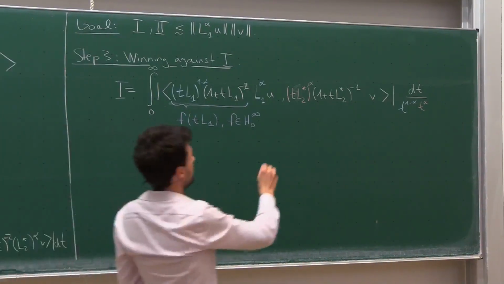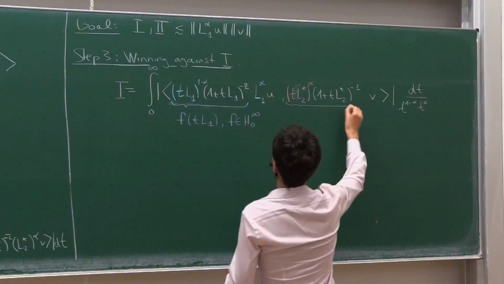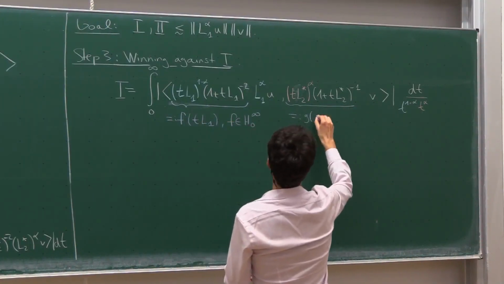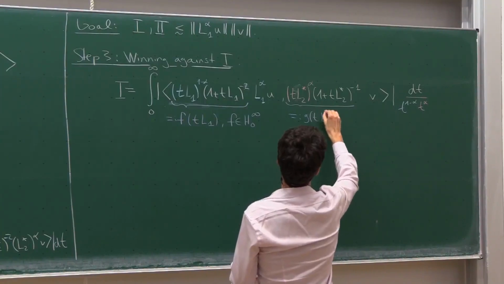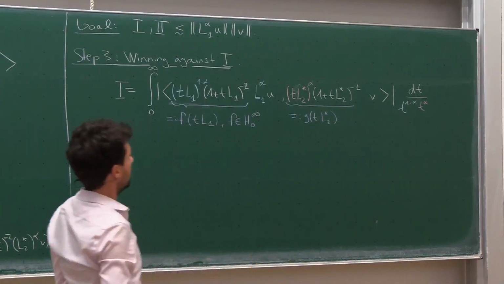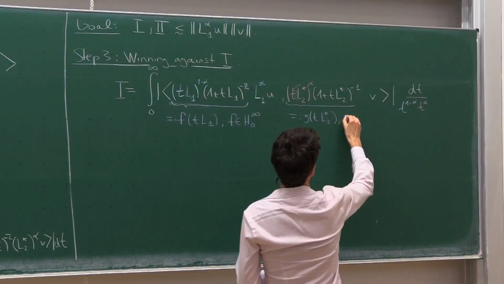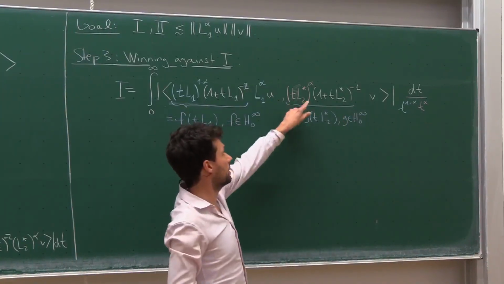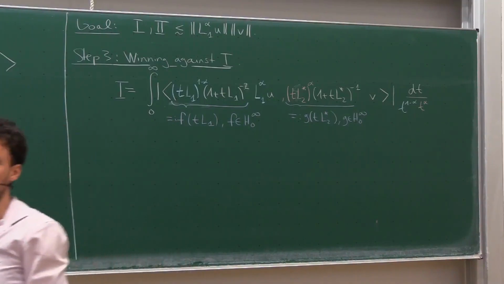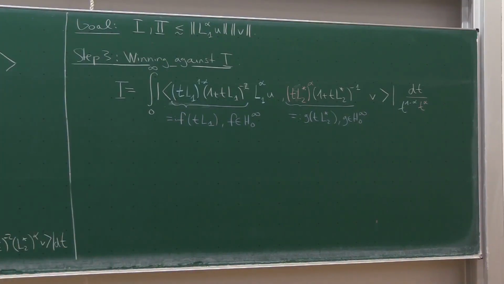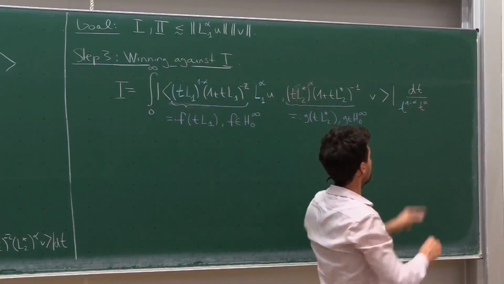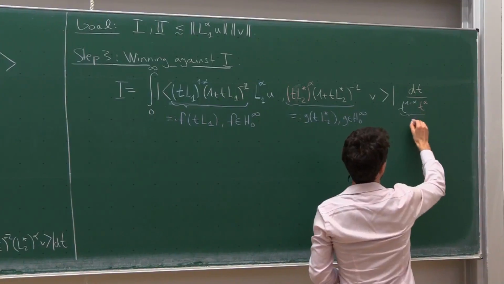And that thing over here is some g of t L2 star, and g is also in H0 infinity. G of z would be z to the alpha times 1 plus z to the minus 1. Well, alpha is between 0 and 1, so that's fine. And over there, it's t to the minus 1 minus alpha times t to the alpha. This gives me just t.